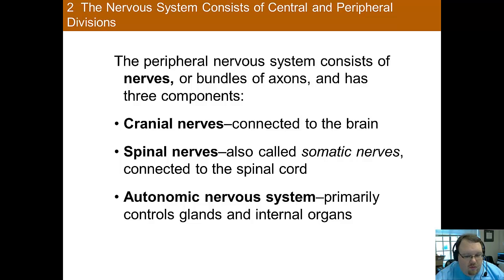Autonomic is often thought of as automatic. So these are a lot of the things that just happen without you thinking about them, digestion, your heart beating, things like that, all part of the autonomic nervous system. We'll be talking a lot more about this, as you can imagine, because all these systems greatly impact biology and behavior.